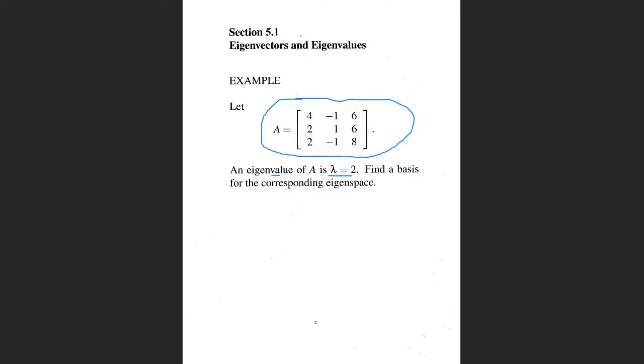I'm going to show you how to find eigenvectors if you're given an eigenvalue. And then in section 5.2, I'll show you how to find the eigenvalues. An eigenvalue of A is lambda equals 2. We want to find a basis for the corresponding eigenspace. The eigenspace is the space of eigenvectors corresponding to the eigenvalue.